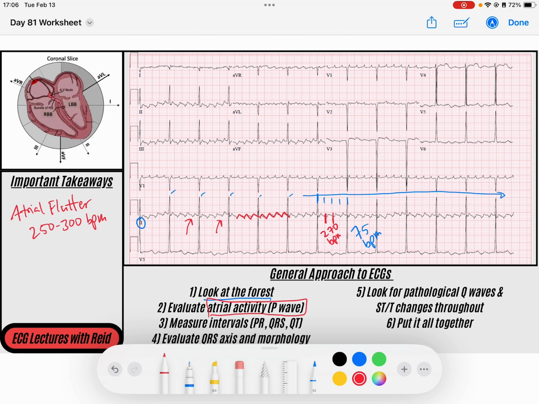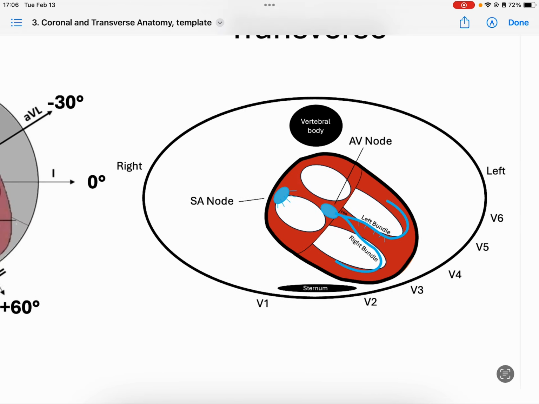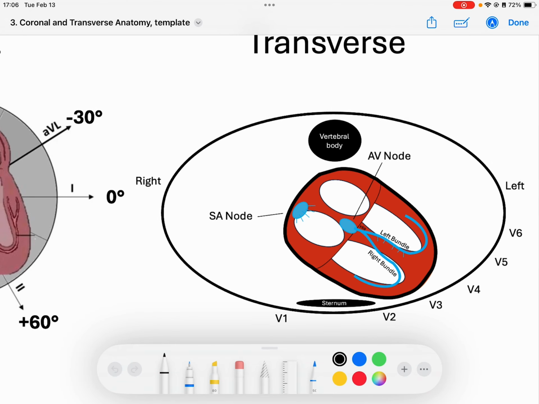And so you can look here in V1 and really see nice, distinct flutter waves. V1 is a great place for distinct flutter waves. The reason why that's the case is, if you look at this diagram here, atrial flutter on the transverse plane occurs around the tricuspid annulus. The tricuspid annulus is this reentry pathway.